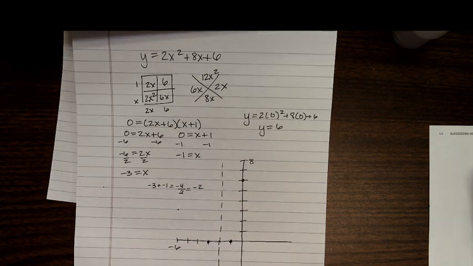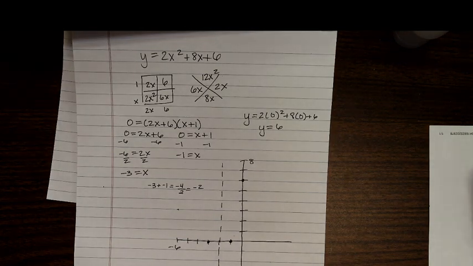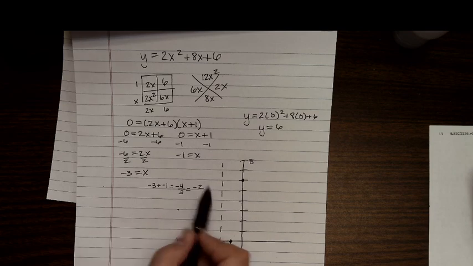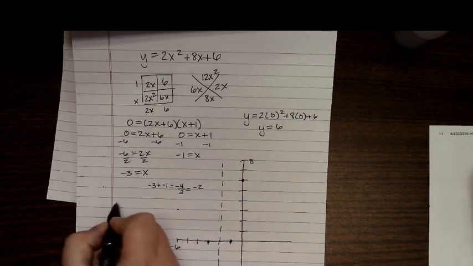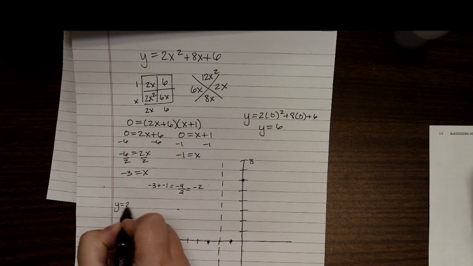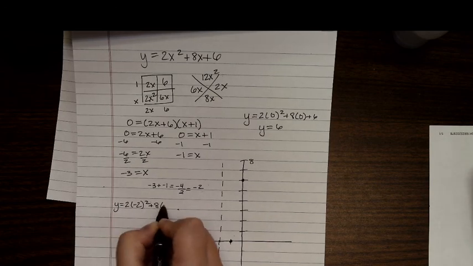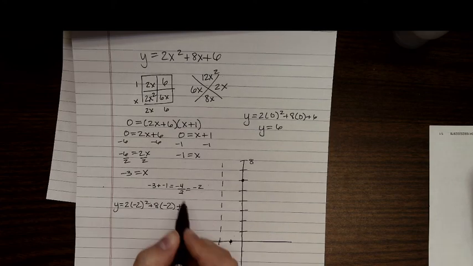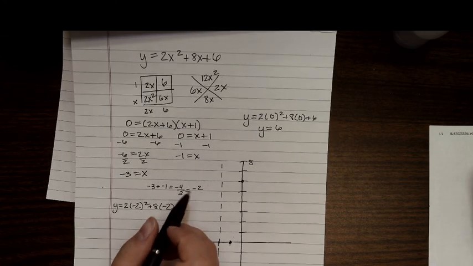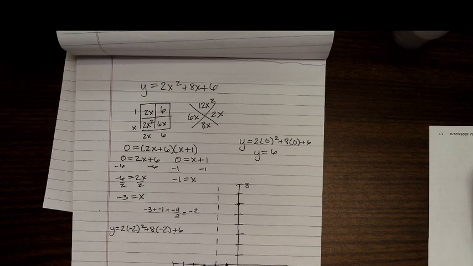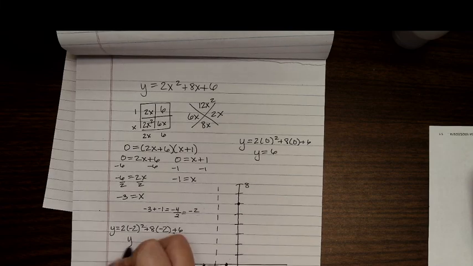So now we need to find where on that line our point is. So we take that -2 and plug it into our equation for x. And we get y equals -2.